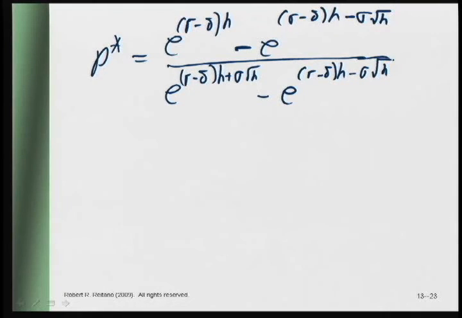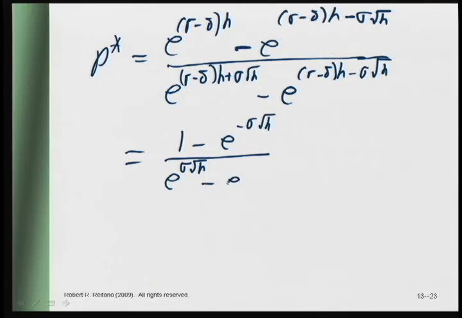Now we can cancel out the common (r minus delta)h term, and this becomes 1 minus e to the minus sigma square root of h, and in the denominator it's e to the sigma square root of h minus e to the minus sigma square root of h.